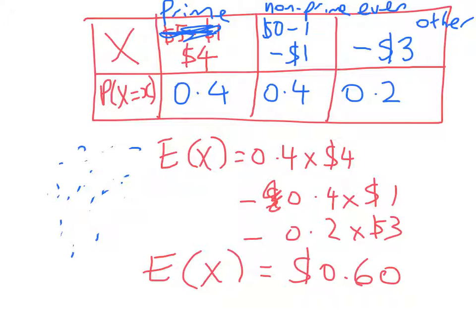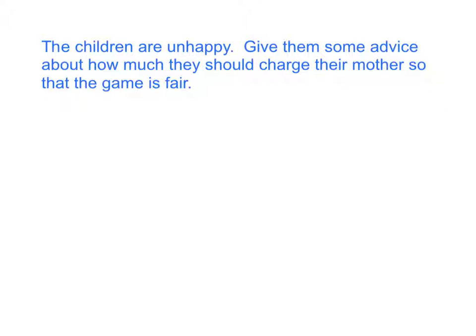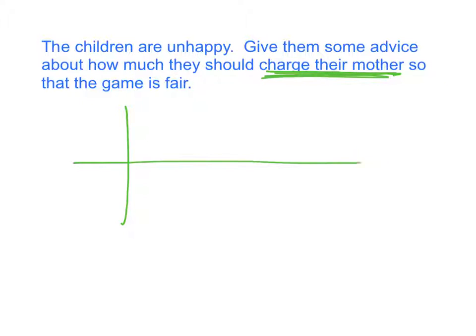So that leads us to the next part of the example. Okay, the kids are unhappy, and you have been hired to give them some advice about what they should charge the kids' mother so that the game is fair. So you've been told here what your parameters are for mucking around with. You are expected to be changing the entrance fee. So we'll set that up like this.